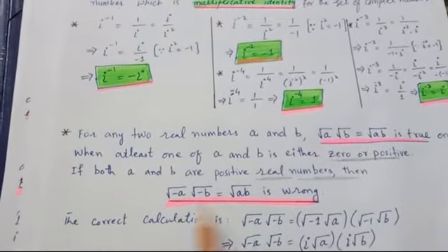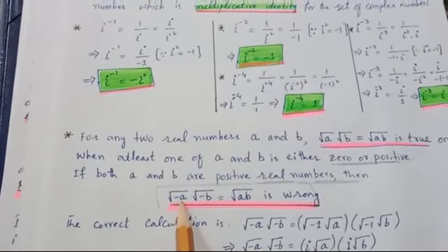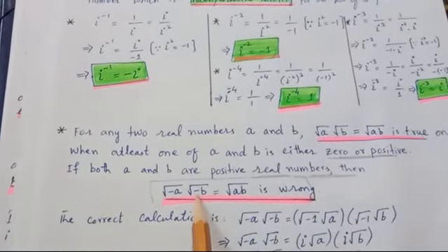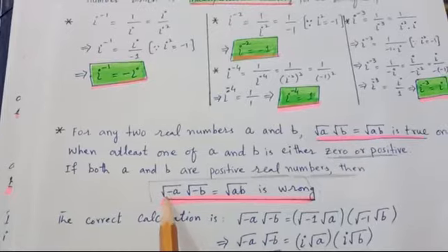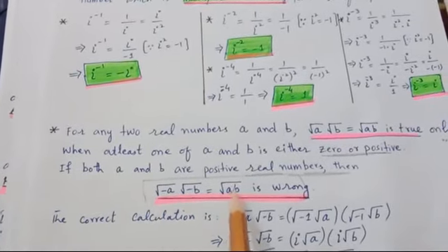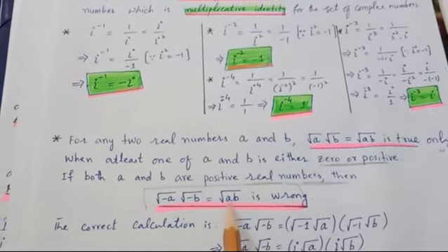So you cannot use this result, because this is square root of minus a and this is square root of minus b. You cannot take the single square root and multiply minus a with minus b to get plus ab under the square root.